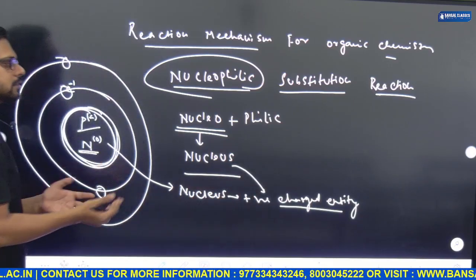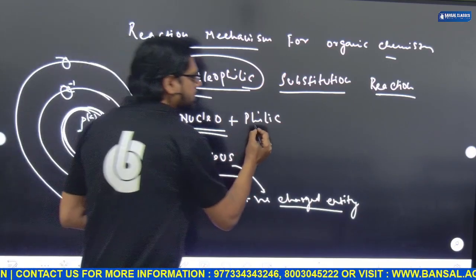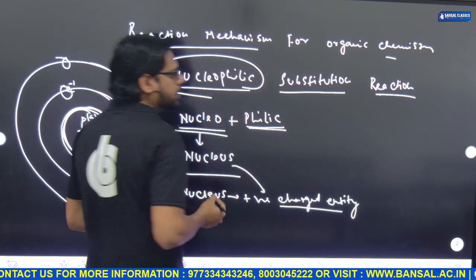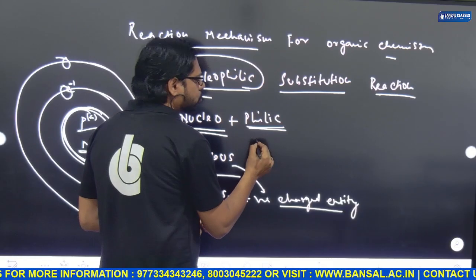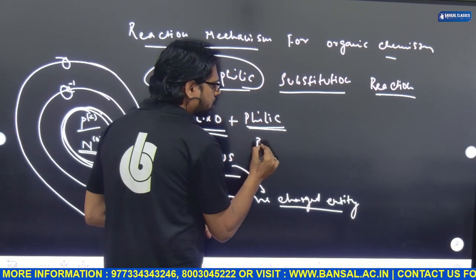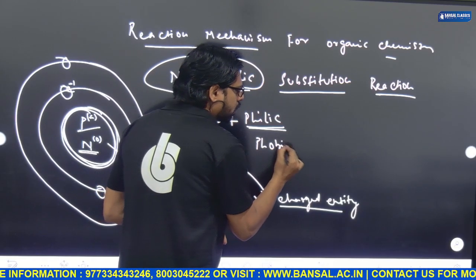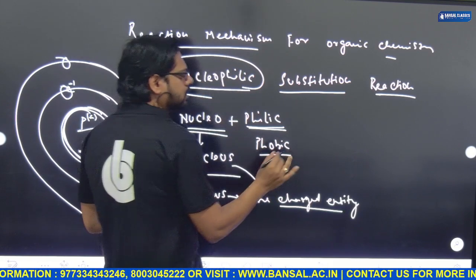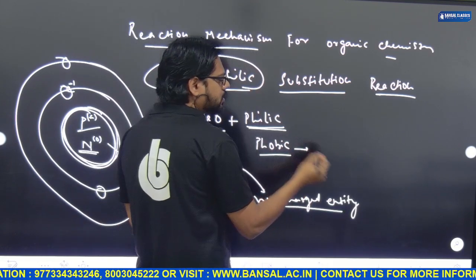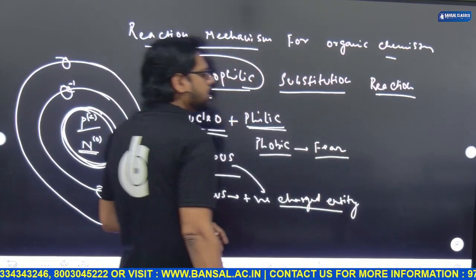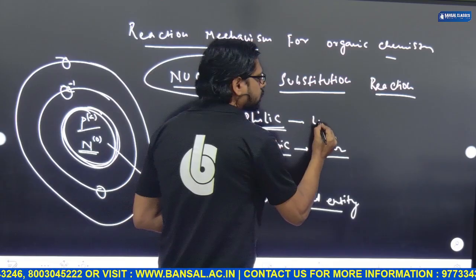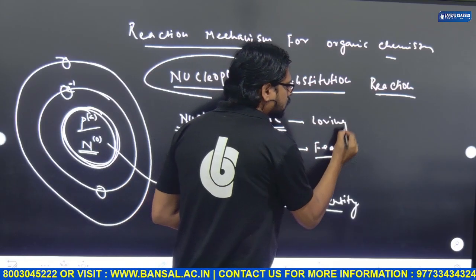It contains positive charge. Now here is the second term, that is philic. We have already learned that there are two terms, one is philic and the other one is phobic. Phobic, we have already learned so many times, is related with fear. And philic is loving, caring.